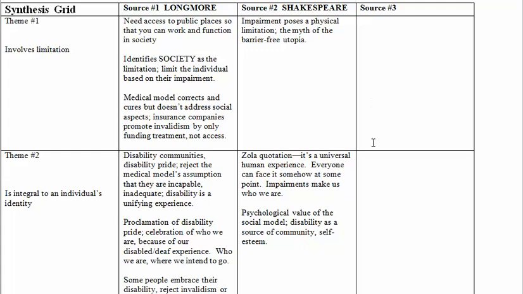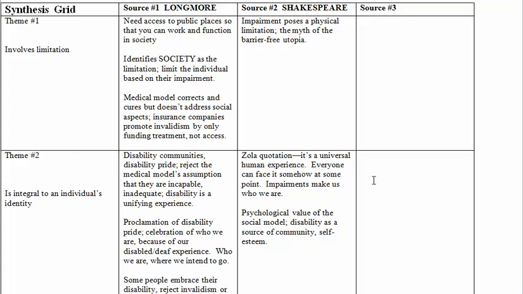If I wanted to talk about the way that it's integral to an individual's identity, I could pick up on his identification of features of autism culture and different traits that he identifies as being not negative or not symptoms at all, but in fact just elements of a specific social group. So there are different ways I could do that.